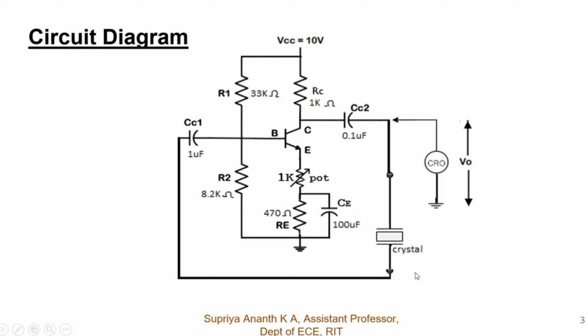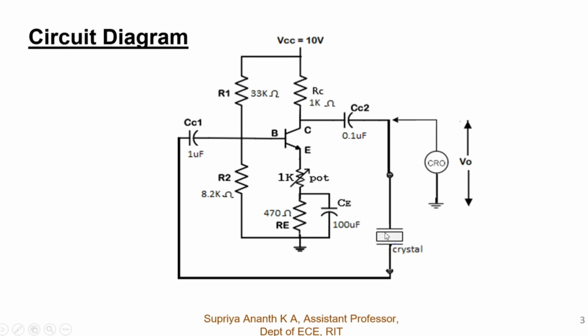What you can observe is the crystal across the output. The crystal is connected; this is the quartz crystal, which is 2 megahertz theoretically. We know that in order to verify the practical values, you need to calculate the theoretical values first, and whatever the practical observation is, it has to be verified against a nearby value of the theoretical value.